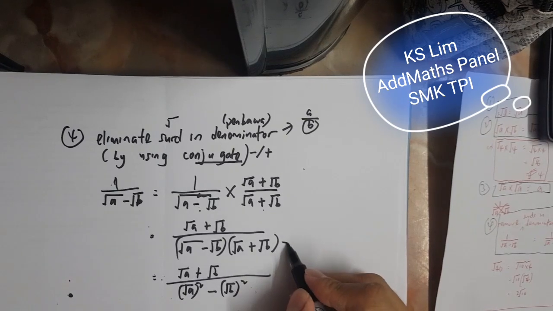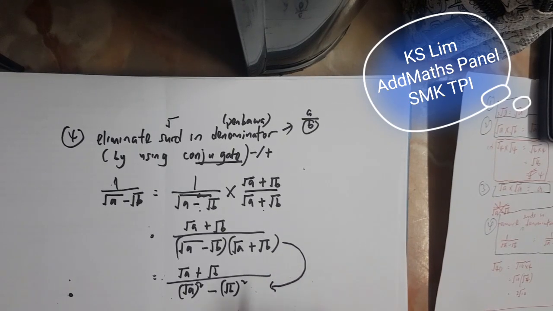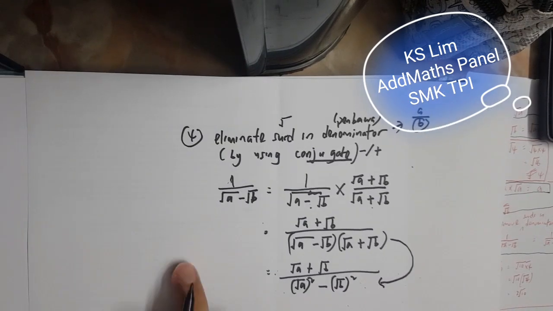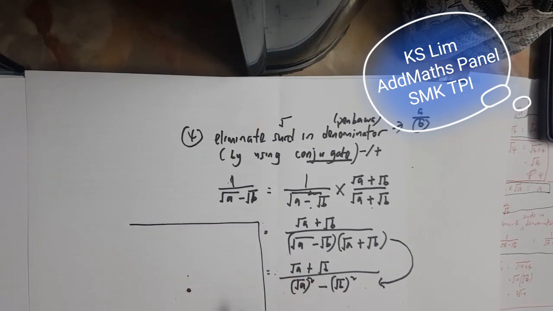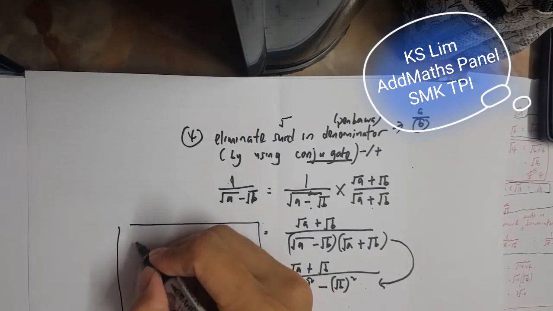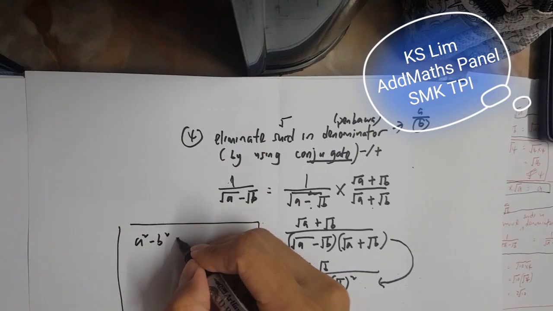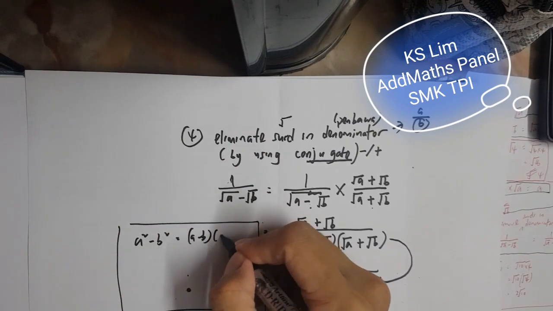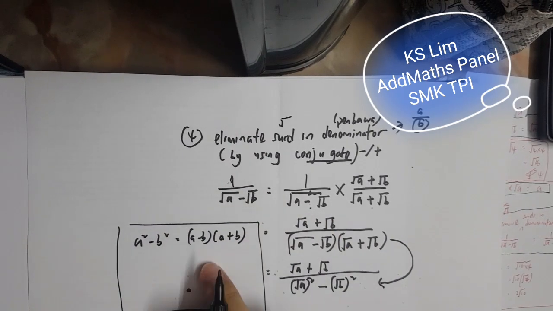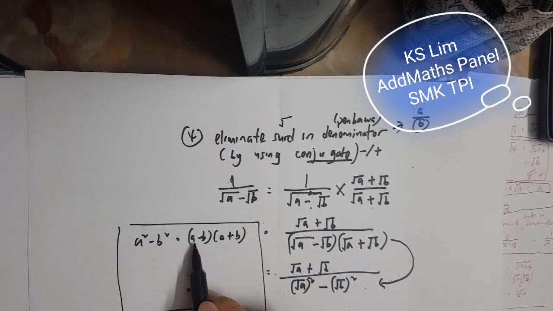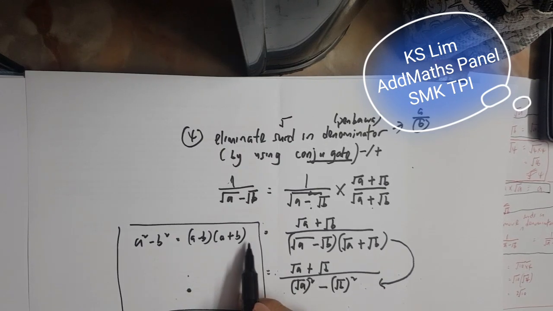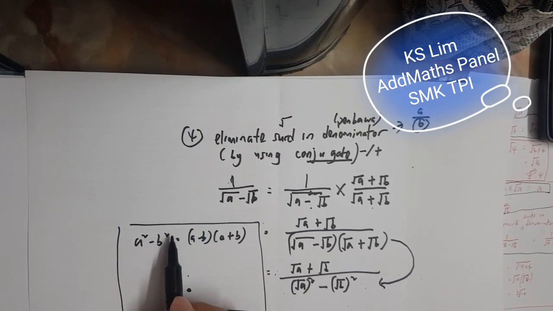How to make this one become this one? I'll show you right here. Do you still remember? A squared minus B squared equals A minus B times A plus B. Is this familiar to you? You can see one is minus, one is positive, a pair of A, a pair of B. So I can write A squared minus B squared.